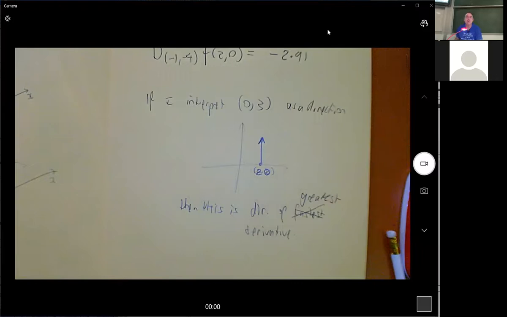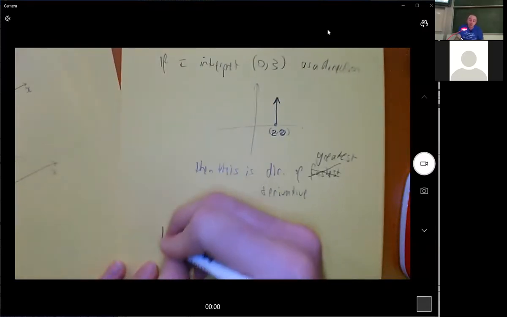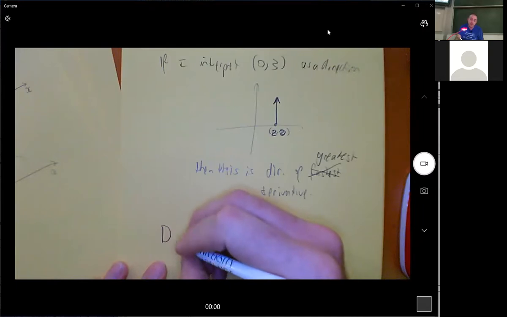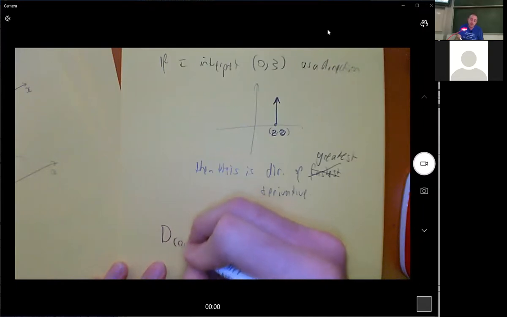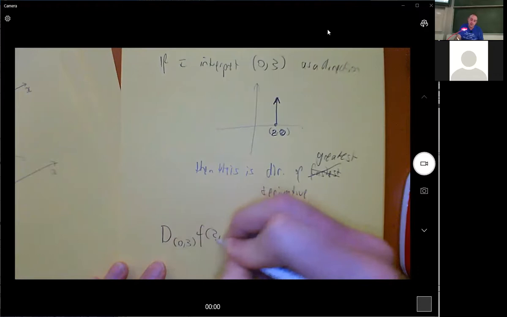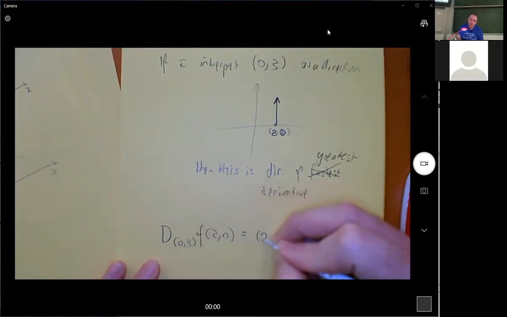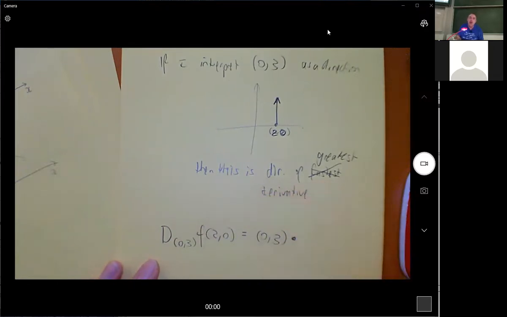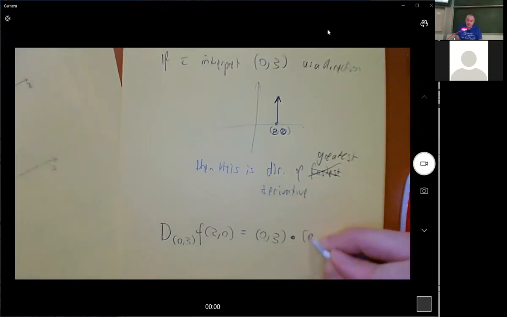Okay, so let me just show you the directional derivative in the direction of 0, 3 of f at the point 2, 0. It will be 0, 3 dot with a unit vector in the direction of 0, 3, which is 0, 1, which is 3.